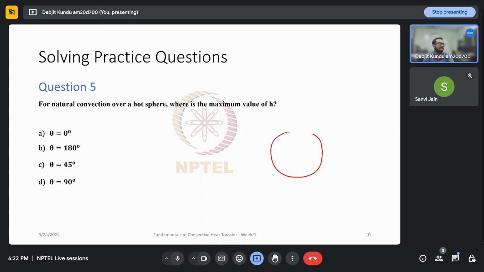So if I have a hot sphere like this, which is at a higher temperature than its ambient, and from the center, let's say I'm measuring theta, I call this theta from the bottom. So bottom most position is theta equal to 0 degree. Then I have different options. I have theta equal to 45 degree, theta equals 90 degree, then theta equals 180 degree.